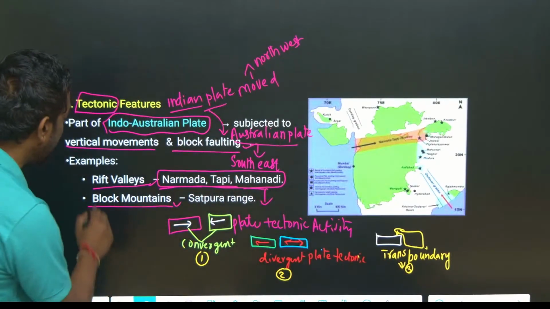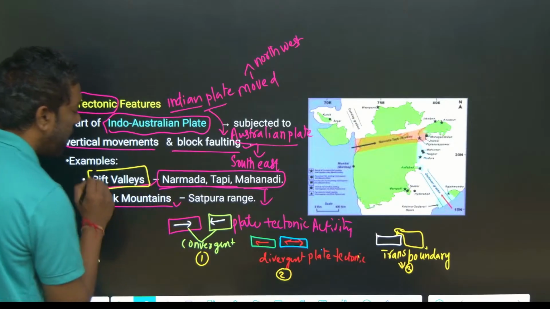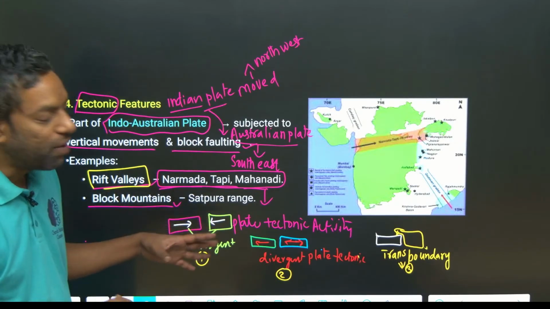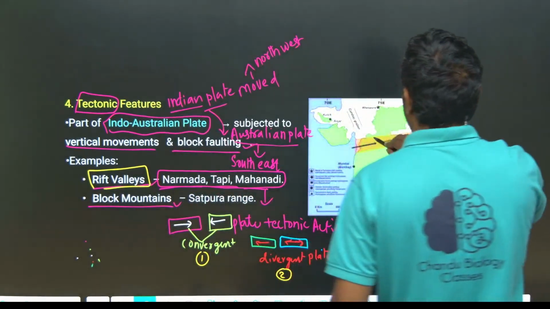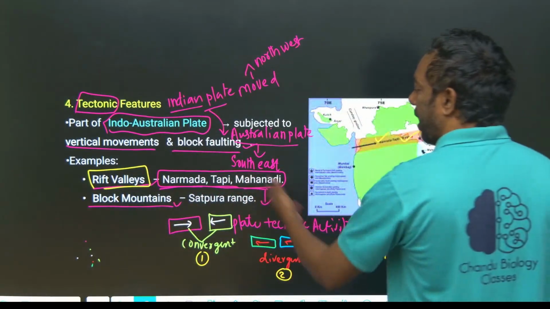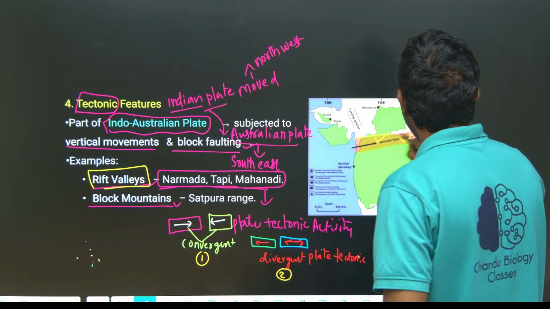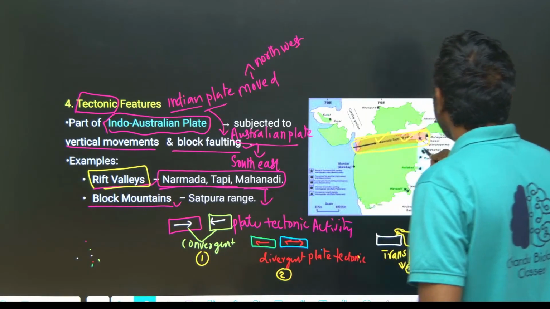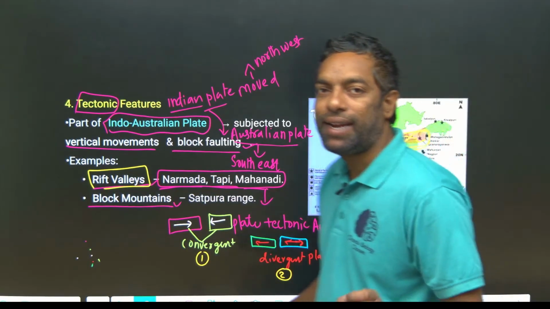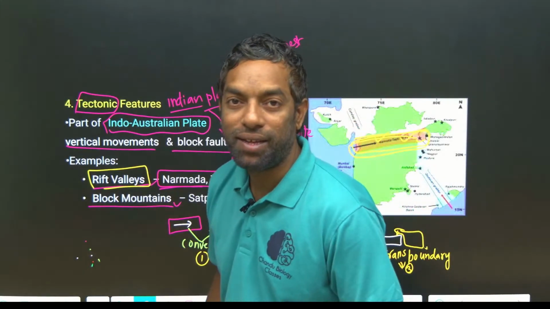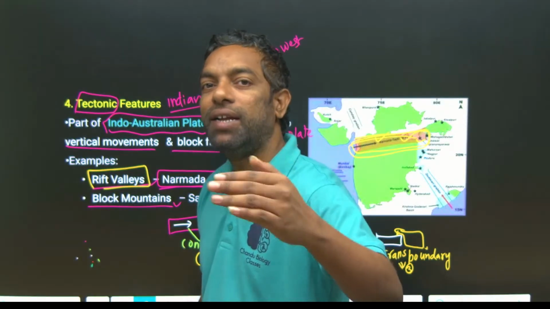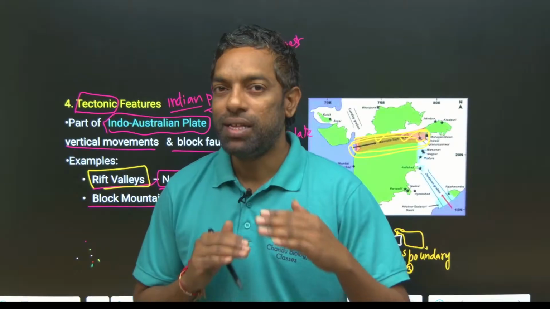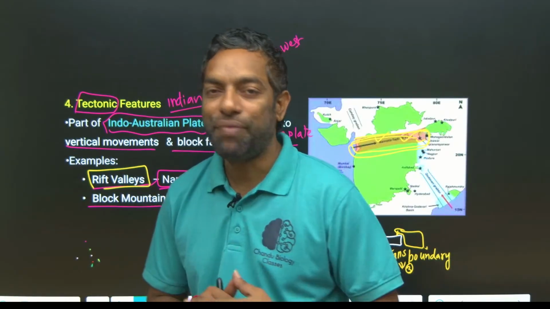Rift valleys are formed, and the examples of rift valleys are the Narmada, Tapi and Mahanadi. These rift valleys created in the Indian mainland especially divide the south and north zones of India. They divide the south and north of India.